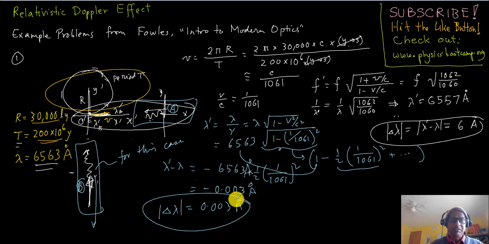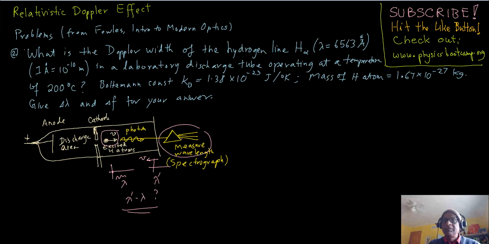Let's try to just sketch out the answer to the other problem. First thing to notice in this problem is the motion is all longitudinal. You can see it's in the same direction. So v is in that direction and the wave is in the same direction.